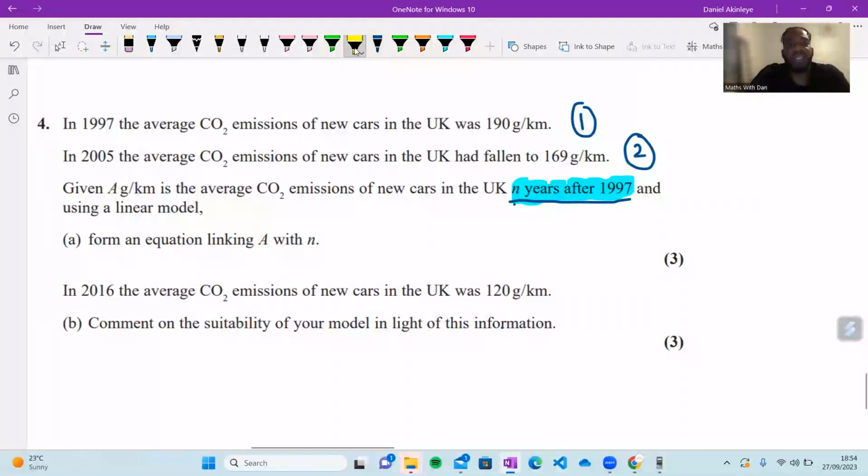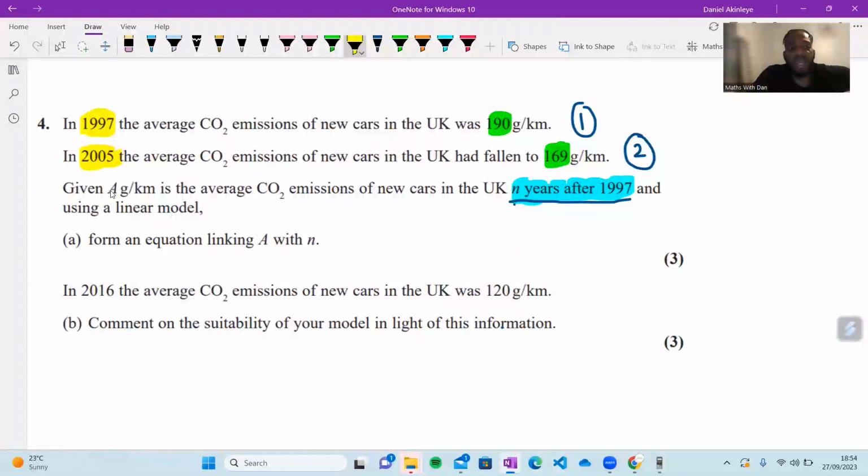Now, what does it tell us? It tells us that in 1997 the CO2 emission was 190, and in 2005 the CO2 emission was 169. So can you see we've actually got two sets of information here? And they also told us what these variables represent.